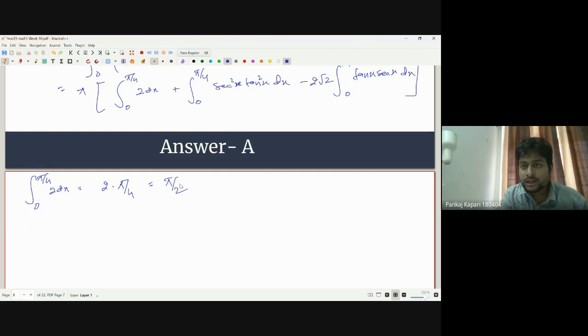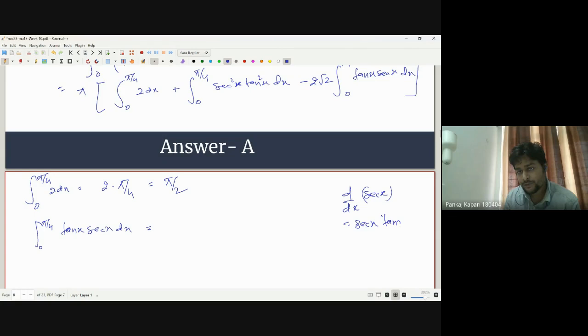Now let's calculate the last integral first, but that also looks easy because we know the integral of tan x sec x, right? What is the derivative of sec x? It is sec x into tan x.